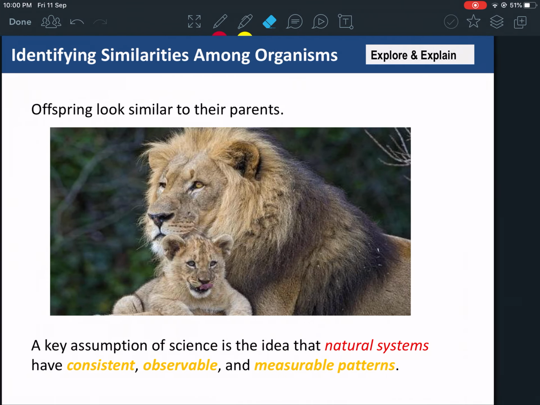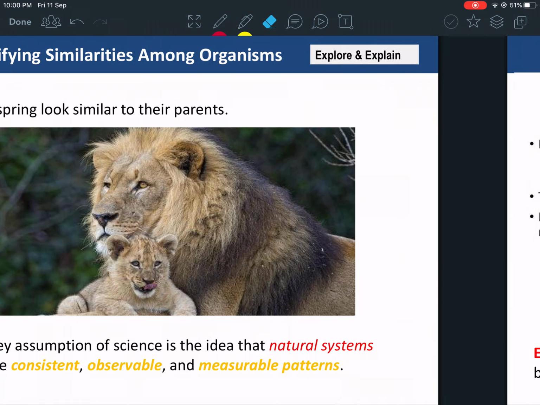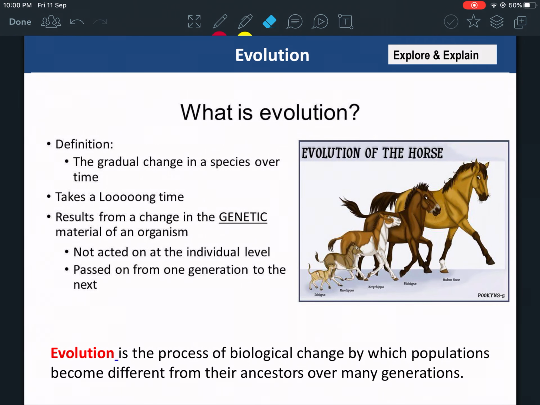This just tells you that offspring looked like parents. Forget about that slide. Here, this is important. What is evolution? Evolution is a very big part of our lesson.